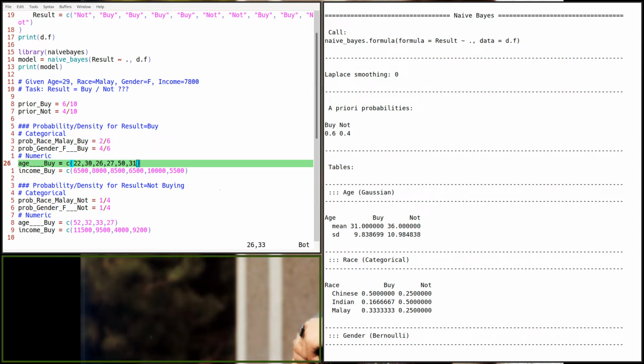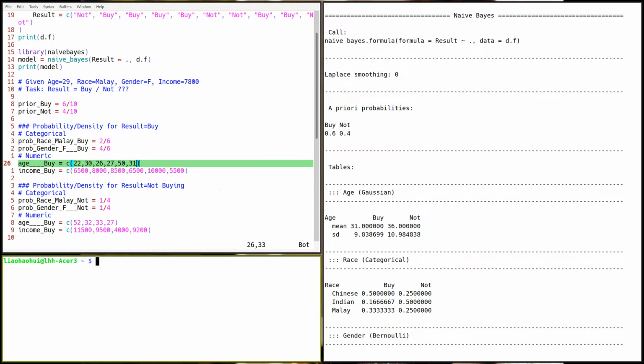I'll create a terminal, and then let's run the R. So for age, under buying, according to the table, these are the corresponding values.